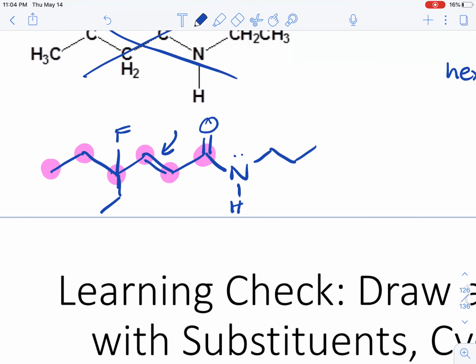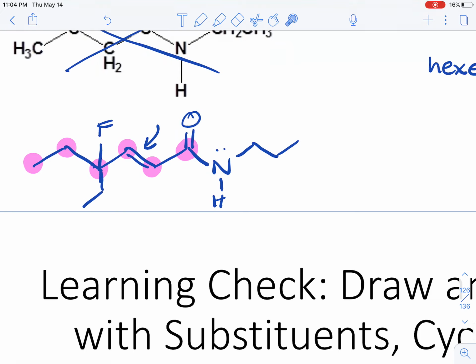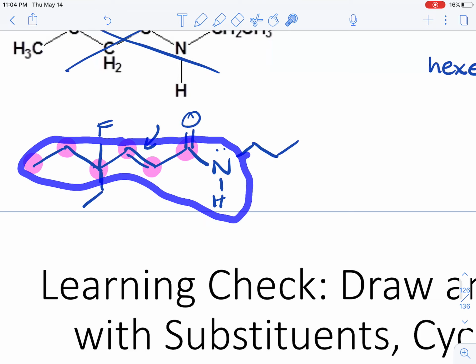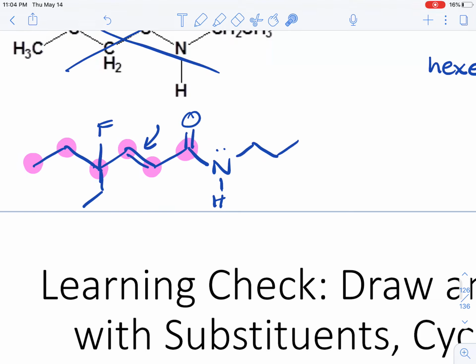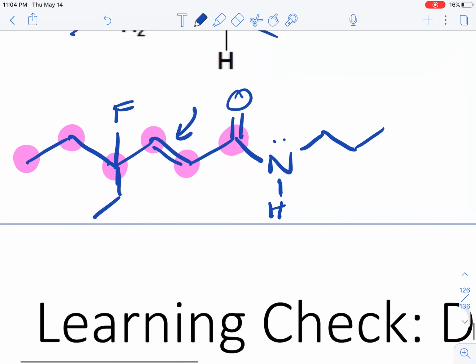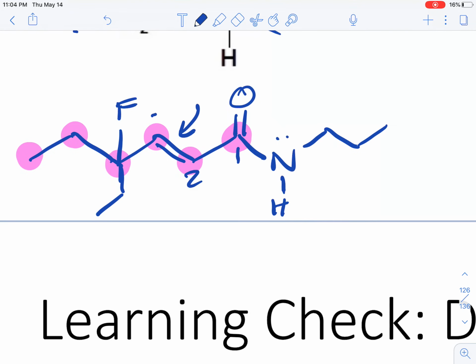And so now that I've named this portion, I just have to indicate to the reader where that double bond is located. Where does it start in my carbon chain? If I number my carbons, I have 1, 2, 3, 4, 5, 6.